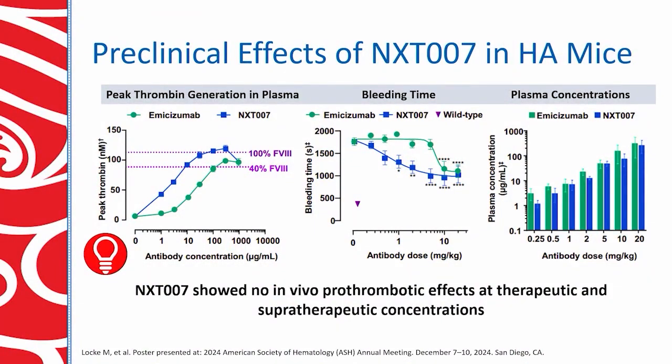Focusing on NXT007. Here we have preclinical data, and you can see in the first figure the green curve shows the peak thrombin generation with the use of emicizumab. And if you look at the blue curve, you can see that there is significantly more thrombin generated with this new agent NXT007 in mice.